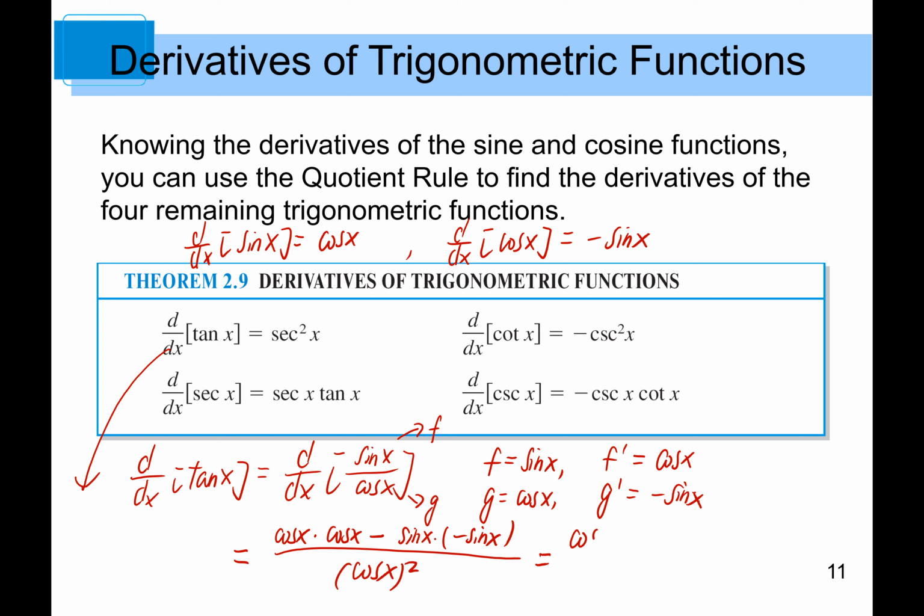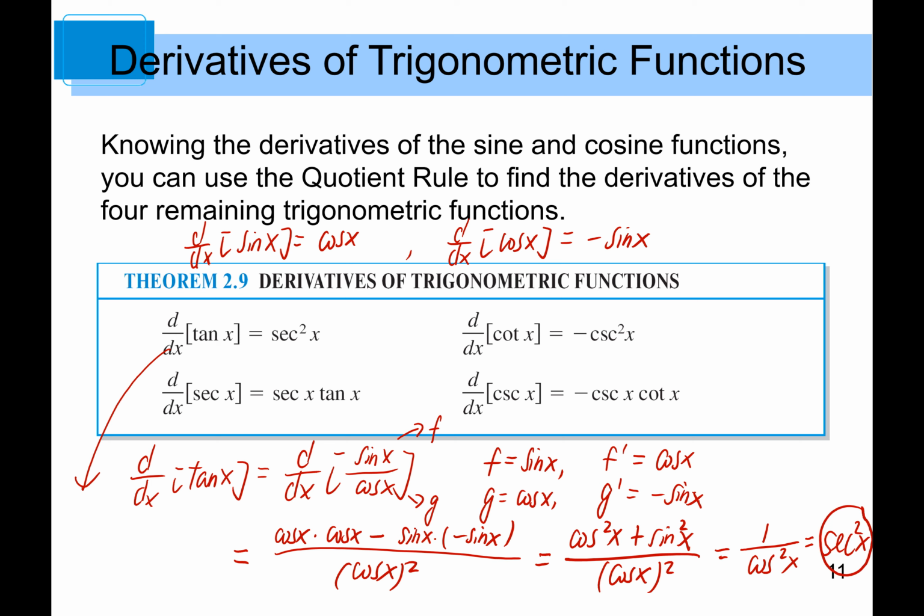So in the numerator we'll get cosine x squared plus sine x squared, over cosine x squared. Cosine x squared plus sine x squared gives us 1, so 1 over cosine x squared. And you can split that as 1 over cosine x times 1 over cosine x. That becomes secant x squared.